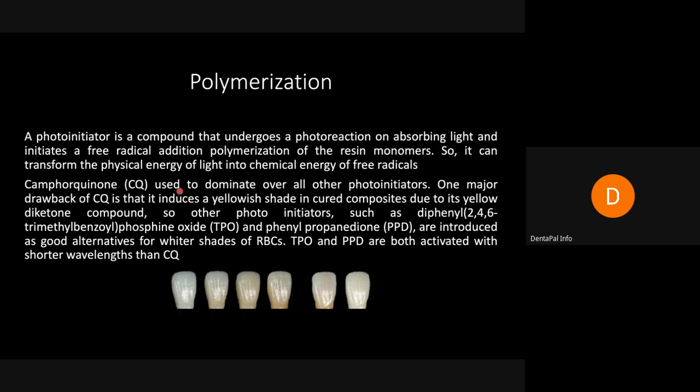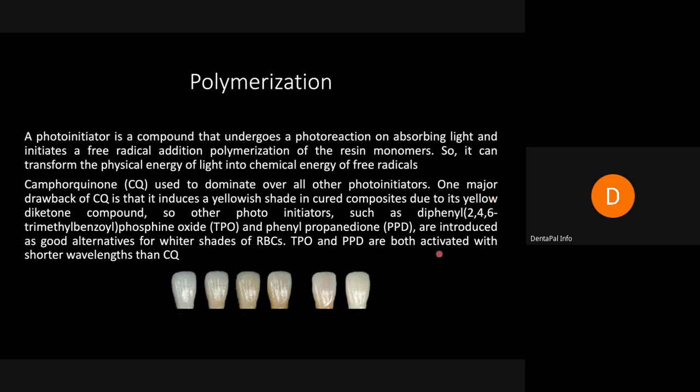If we make an extra lecture about composite composition, we're going to talk about them. Camphorquinone dominates over all other photoinitiators because it has the ability to initiate the polymerization reaction quickly.